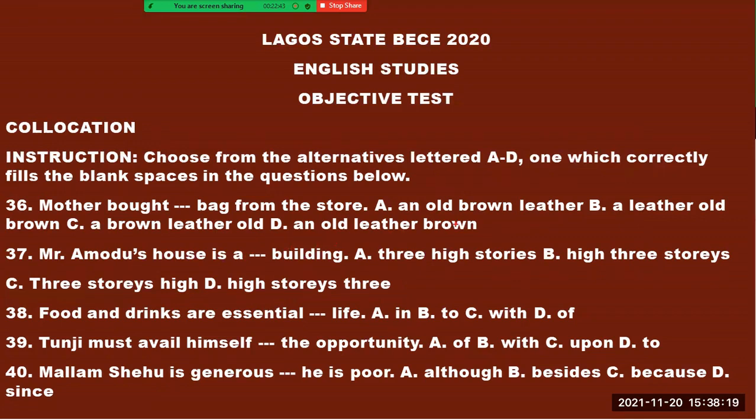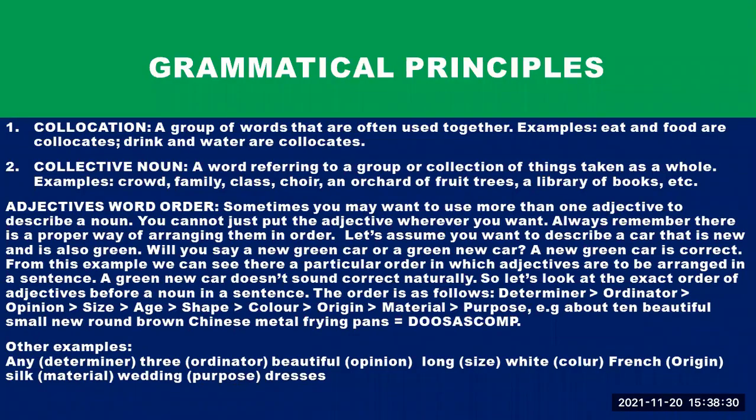Well, here, before I show you the right option, I want to take you to an explanation I have penciled down on the grammatical principle known as the adjectives word order. Already I have a video uploaded on the adjectives word order. You can find it if you browse through my channel, you will find a detailed explanation.